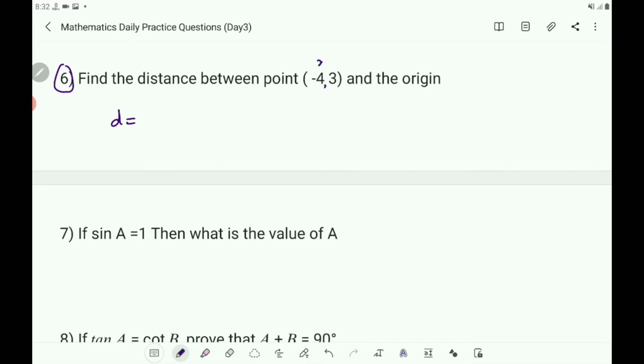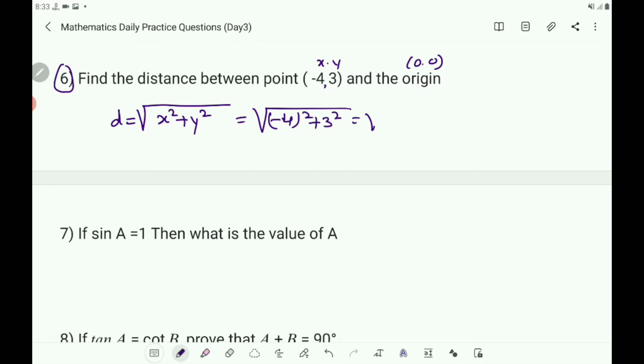Here, if you consider these are the coordinates x and y, and you know that origin means (0, 0), the formula is distance d equals square root of x squared plus y squared, that is square root of (-4) whole squared plus 3 squared. (-4) squared is 16. 16 plus 9 equals 25, that is square root of 25 equals 5 units.